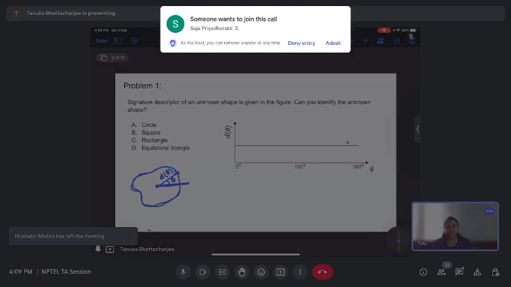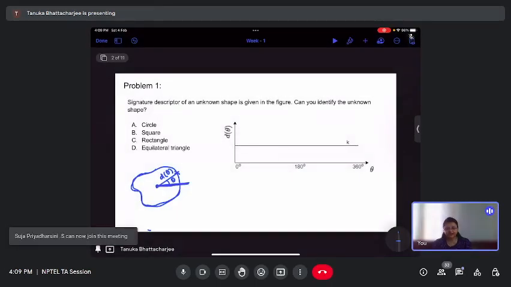direction and we calculate two things. Let us say we take a point on the boundary; we take the distance of that point from the centroid as well as the angle theta that it is making with the reference direction. Now, if you plot this theta on the x axis and the distance d theta on the y axis and form a graph, that is the signature descriptor you get.